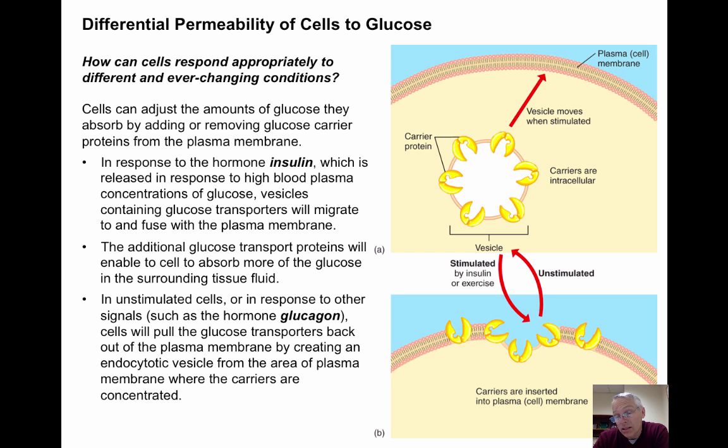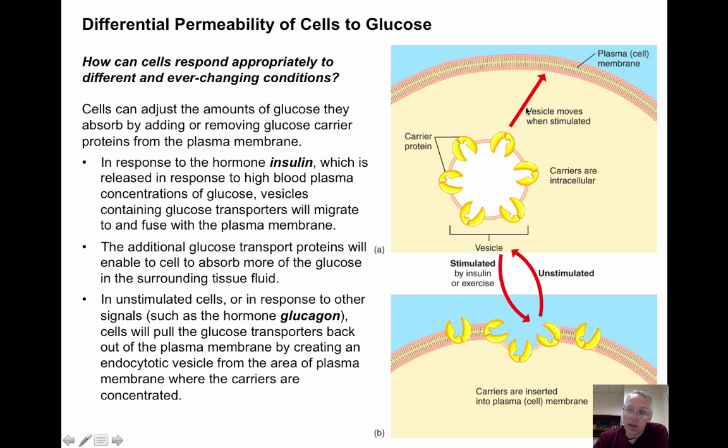And if a cell wanted to decrease its capacity for taking up glucose, if it wanted to slow down the uptake of glucose, then it would just do the reverse of what we see in the top diagram.